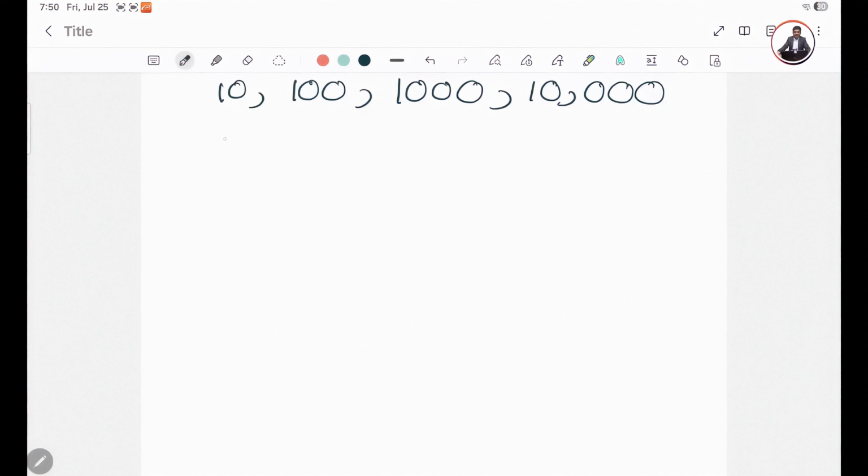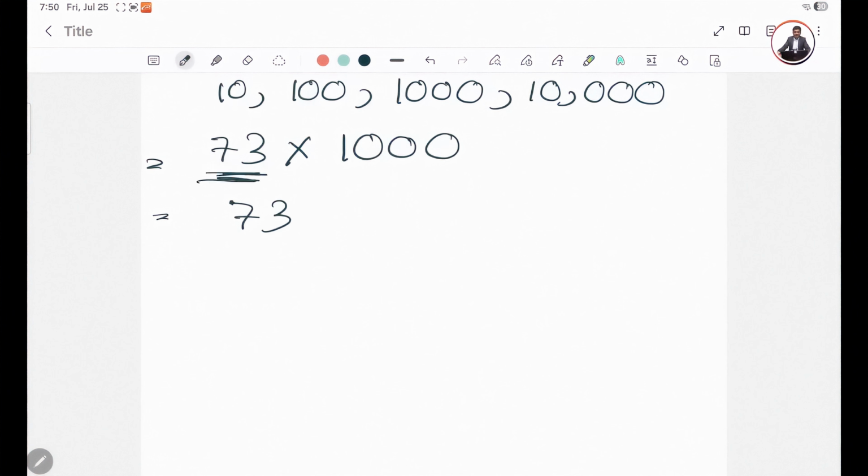For example, 73, if you want to multiply with 1,000, what you have to do is write down this base number, and then you add 1, 2, 3 zeros at the end. So this is 7300. So these three zeros go on here.